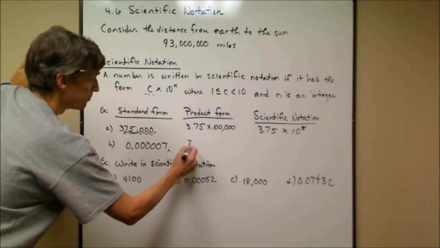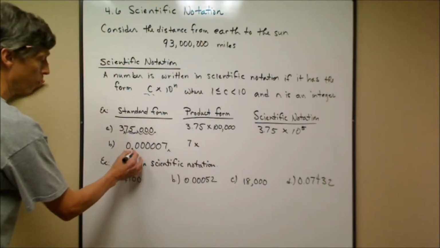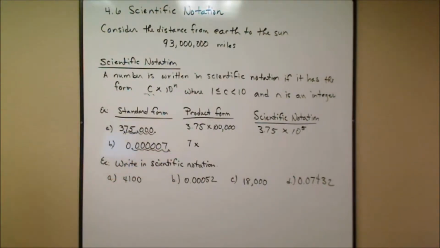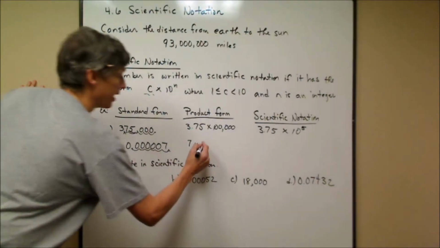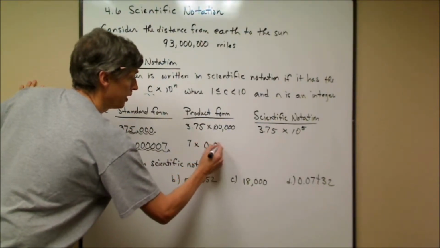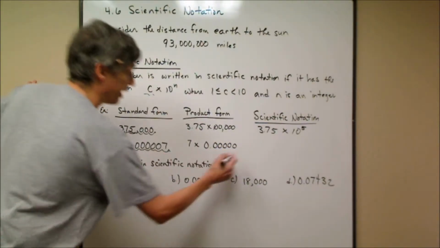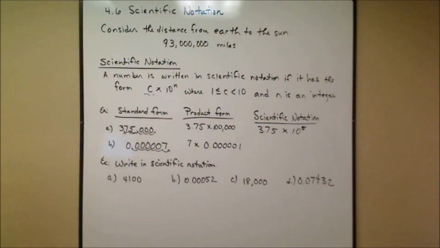So this is 7 times, but this time I moved it 1, 2, 3, 4, 5, 6 places in the other direction. So I am going to have to multiply this by 0.000001, 5 zeros and the 1 for this 6th place. So 6 digits to the right of the decimal point, and 6 places that I had to move it here.